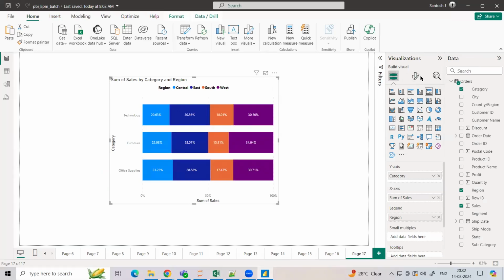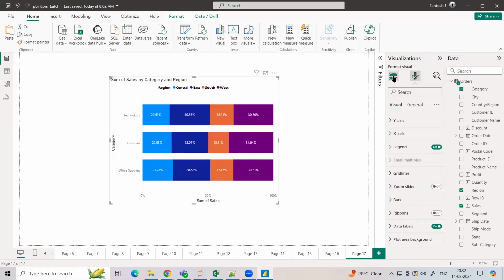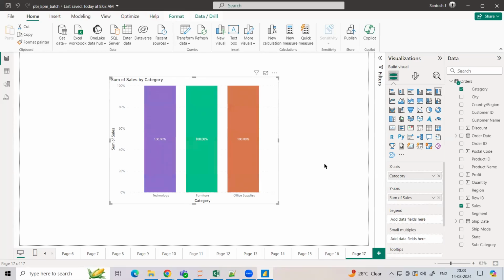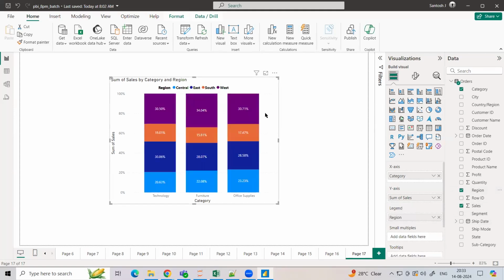But the problem here is in this particular chart, if you don't add this legend, this will become useless. It's very much required to add the legend, because this is 100% stacked.